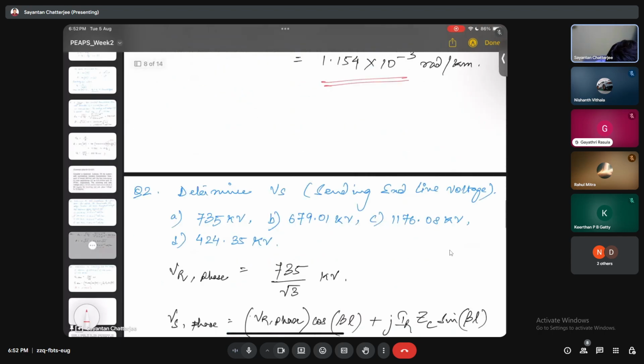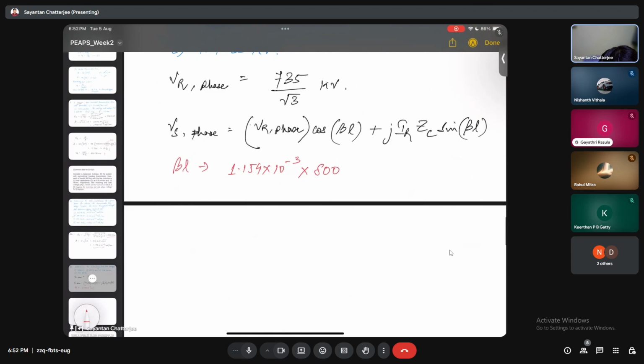So the beta L value will be 1.154 into 0.8, which is 0.923 radian, and in degrees, multiplying by 180 divided by pi, it is 52.89 degrees.